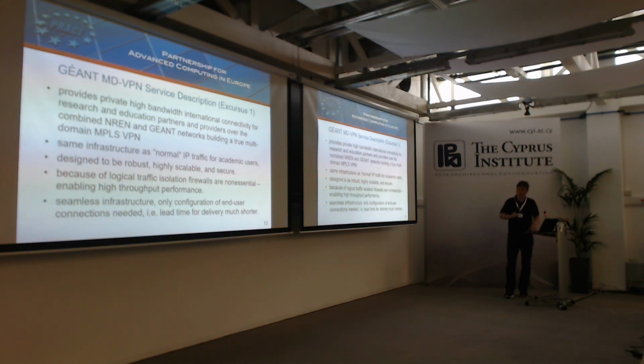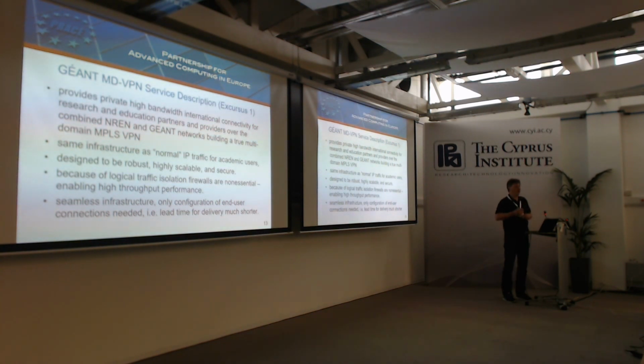So, seamless infrastructure, only configuration of end user connections, and the lead time of delivery is much shorter. If we had dedicated wavelengths, we really had to set up a new link, the fiber and all these things, at least at the last mile.